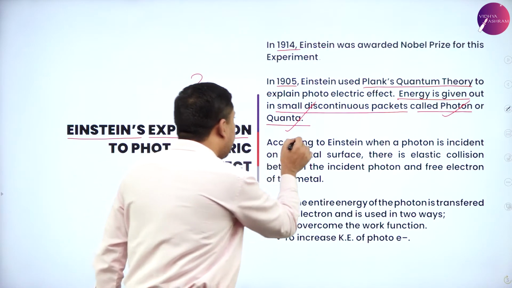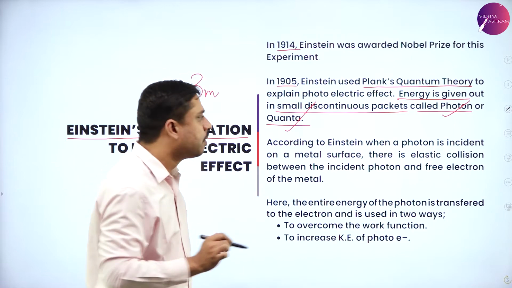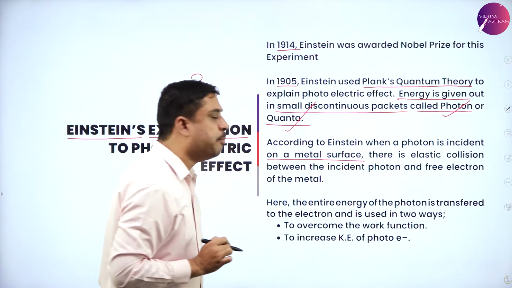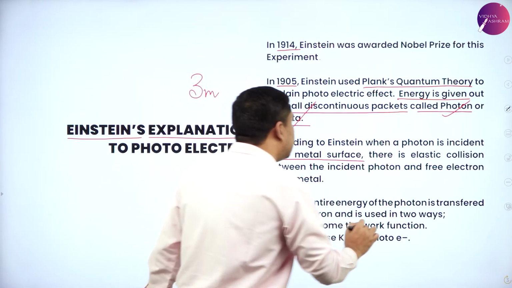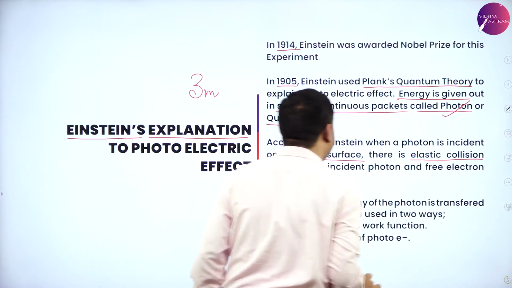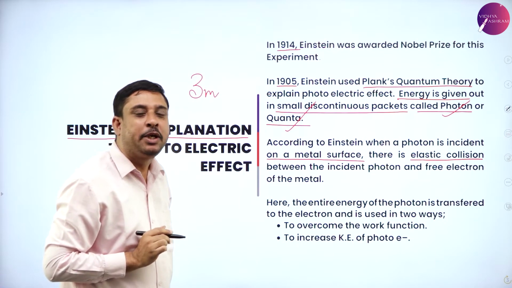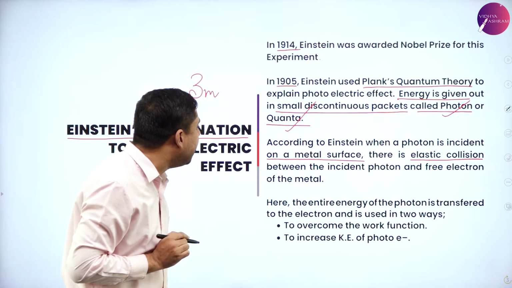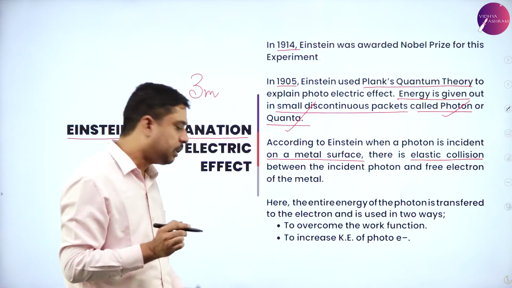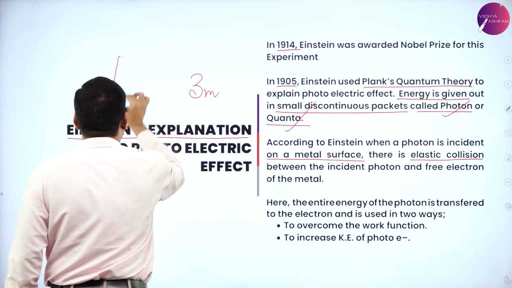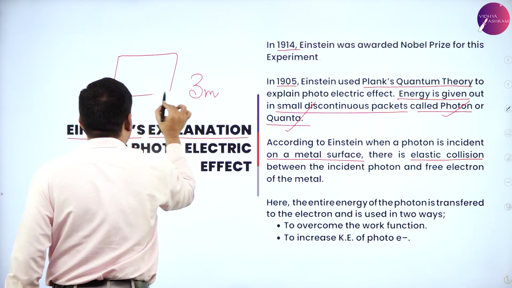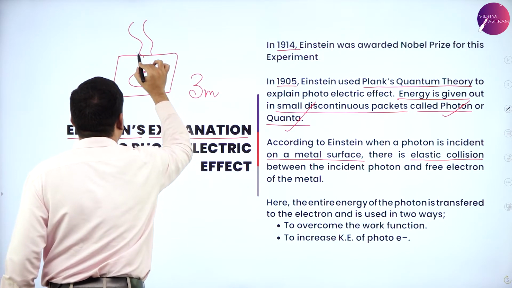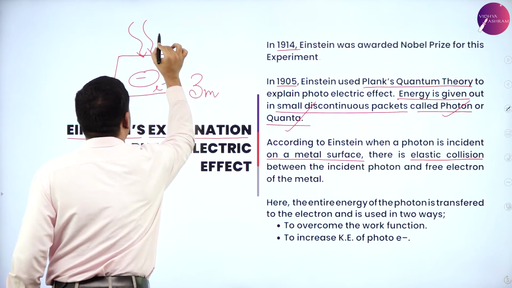Now, according to Einstein, when a photon is incident on a metal, there is elastic collision between the incident photon and free electron of the metal. So suppose this is the metal surface, free electron, photon is incident.